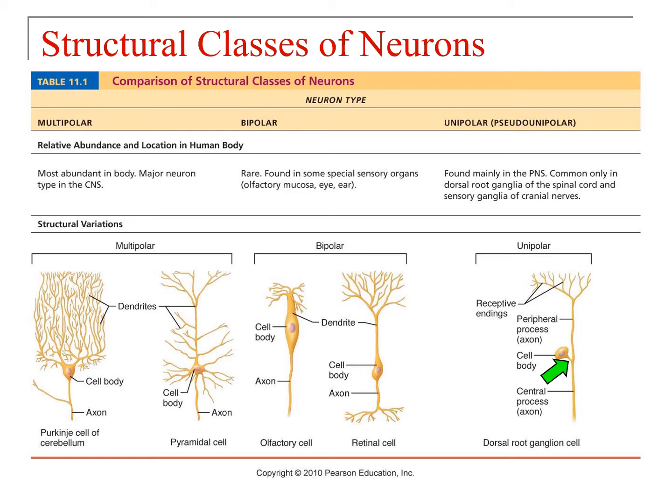They're found mainly in special sensory organs: the olfactory mucosa, which involves neurons for the sense of smell, the retina of the eye, and the vestibulocochlear organ in the inner ear.